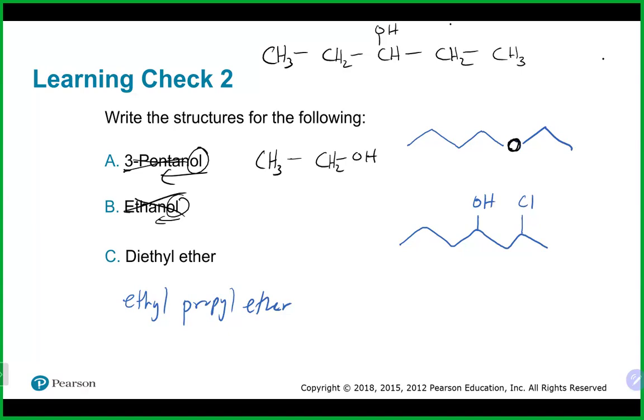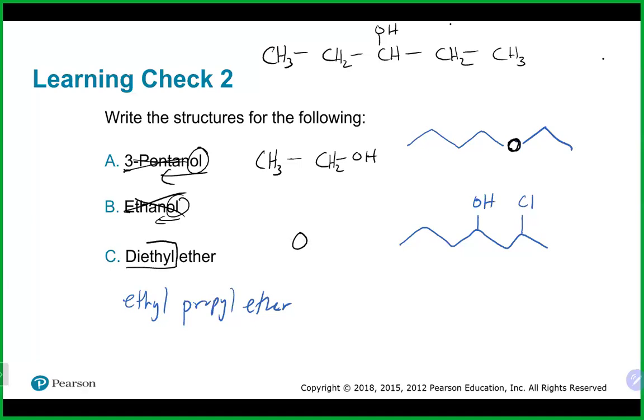All right, now we're into ethers. Since we're going with the common name for ethers, we know for sure that it is a carbon-oxygen-carbon connection, right? I personally like to start with just the oxygen since that's in the middle. So I'm just going to start with an oxygen.